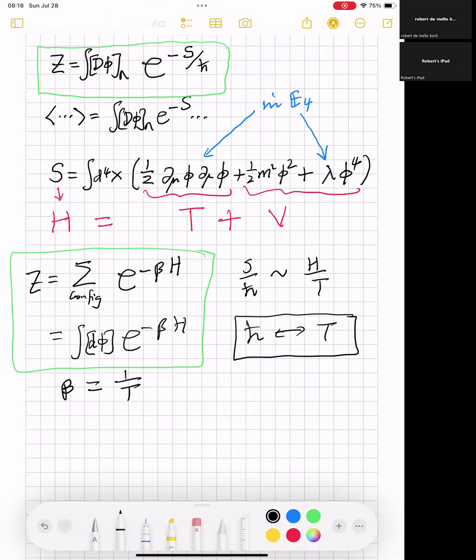And there's a very deep analogy in that by continuing the mathematics that we use in Minkowski space to do quantum mechanics and quantum field theory, if we continue that to Euclidean space, then we get the mathematics that's appropriate for computing thermal fluctuations. And h bar, which sets the size of the quantum fluctuations, maps into the temperature, which sets the size of the thermal fluctuations.